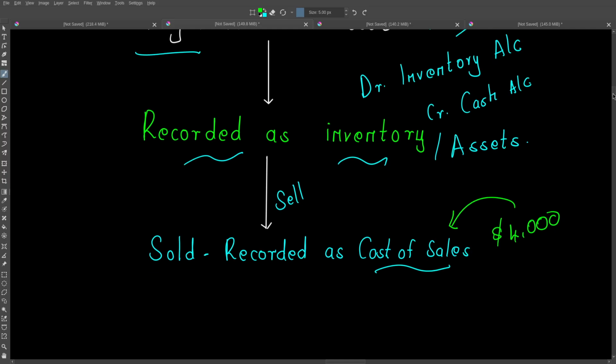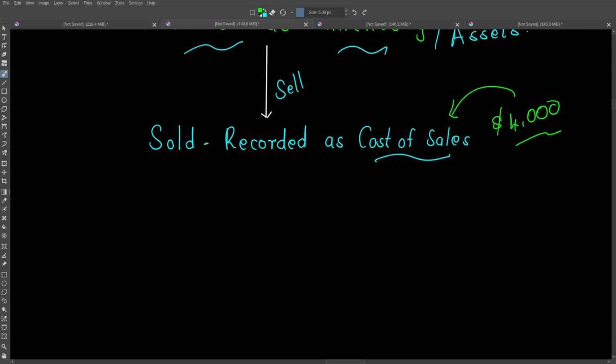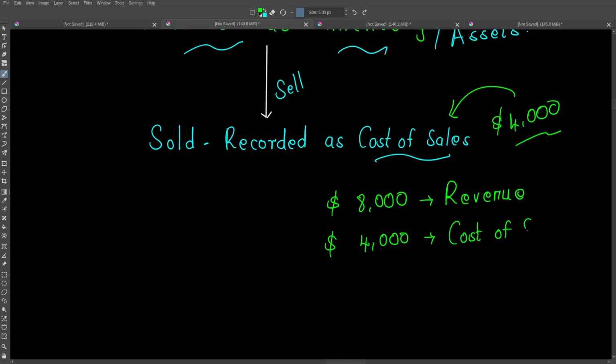For example, let's say these goods, you bought them at 4,000, but now you have sold them at, let's say 8,000, okay? So this is revenue, okay? And then 4,000 is the cost you incurred to buy those goods that you've sold, and that is what we are calling here cost of sale, okay?